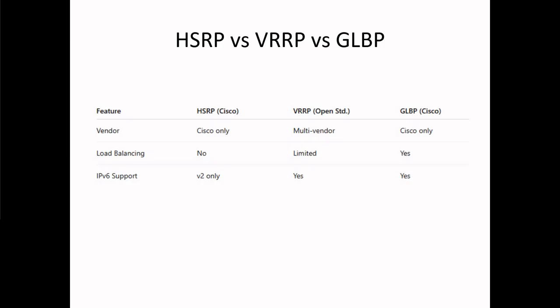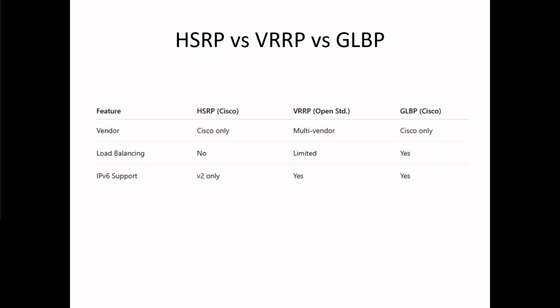Comparison between HSRP, VRRP and GLBP. HSRP, the Hot Standby Router Protocol, is Cisco proprietary. Virtual Router Redundancy Protocol is multi-vendor, and Gateway Load Balancing Protocol is Cisco only.